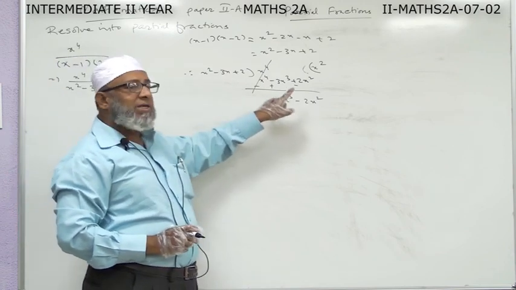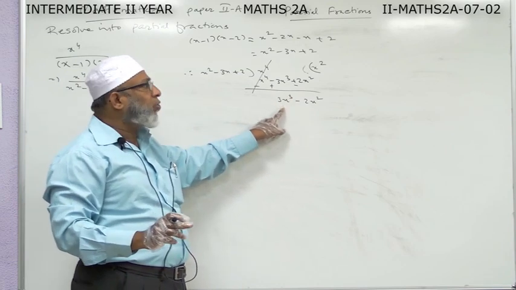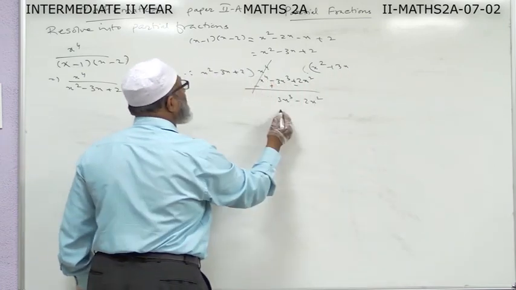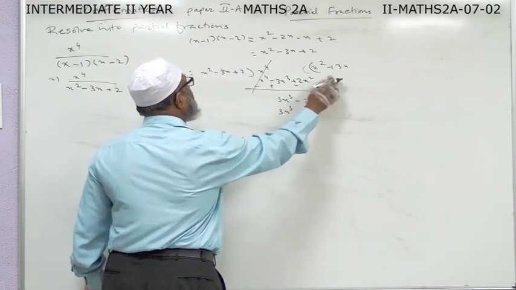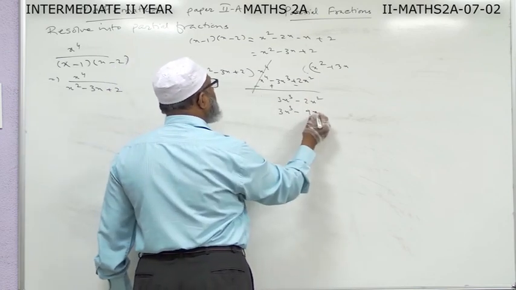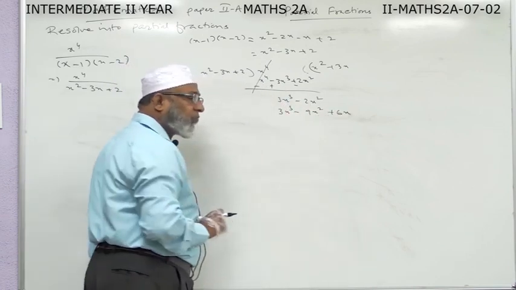Again, x square is there. I have to multiply by such a number that I must get 3x cube. So I am multiplying by 3x into this. 3x into x square, 3x cube. 3 into 3 is 9x square. Then 3 into 2, 6x. Is it clear?